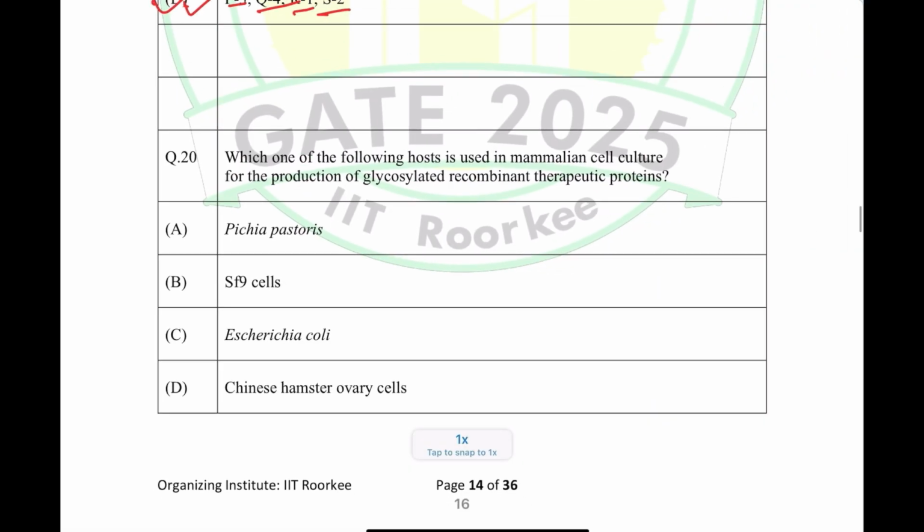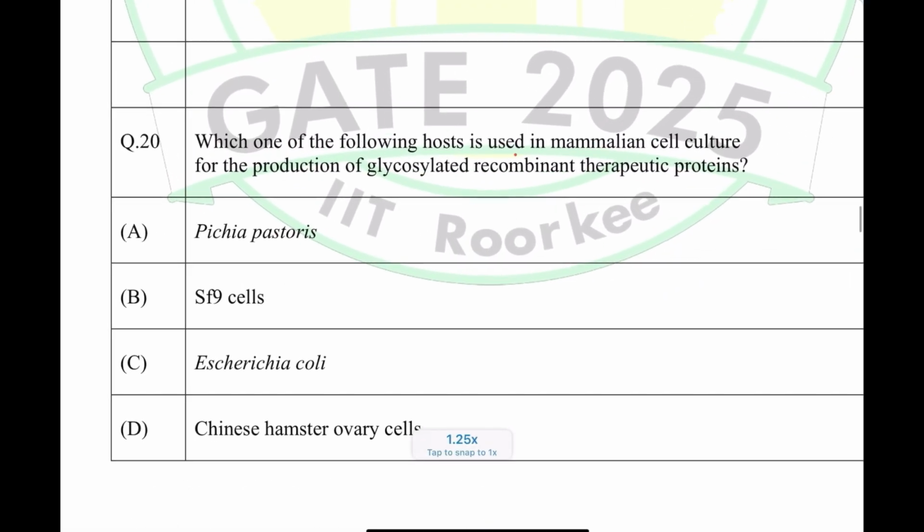The next question. Which one of the following hosts is used in mammalian cell culture for production of glycosylated recombinant therapeutic protein?